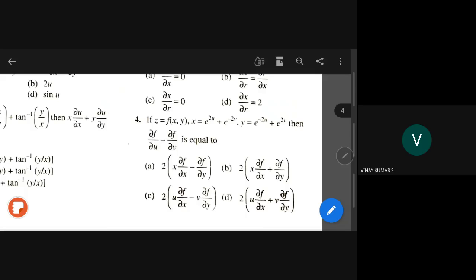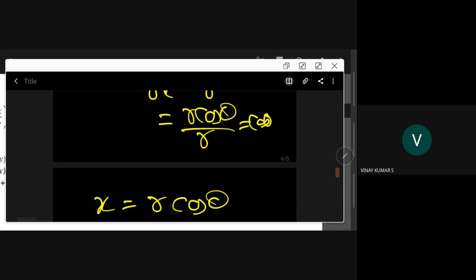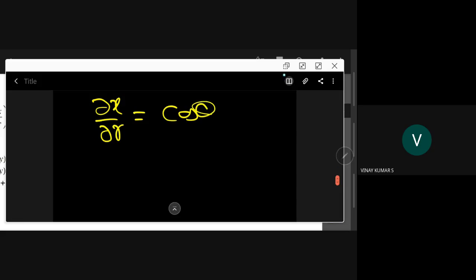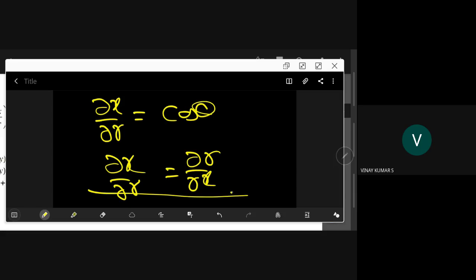Then we need to find ∂f/∂u plus ∂f/∂v. Okay. So in this case, we got ∂x/∂r as ∂r/∂x. This is okay. B is the answer.